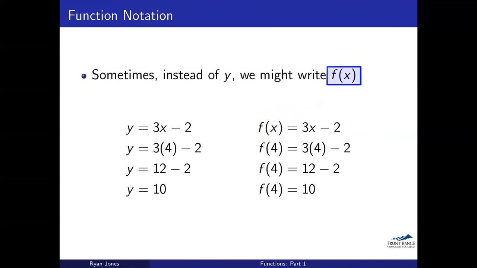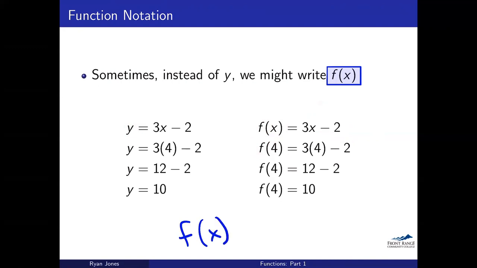The reason that we do this is because with this notation, it makes it very clear that my function, which I'm going to call F instead of calling it y, has an input that I'm letting you know is x. And so when I plug in 4, you can very easily use this notation. I have an f of x, that's my function.